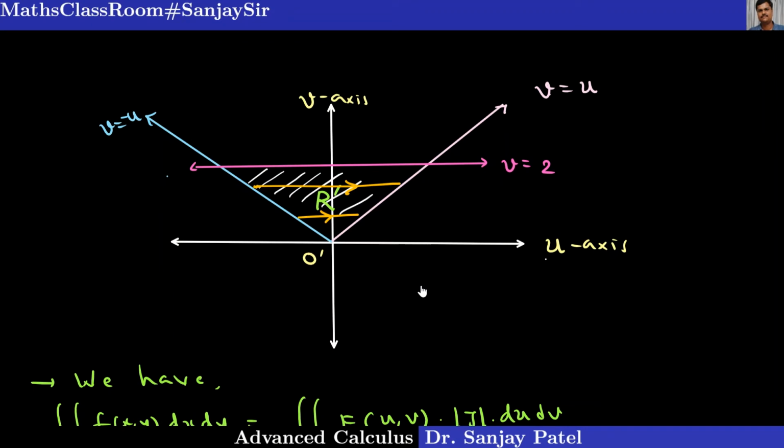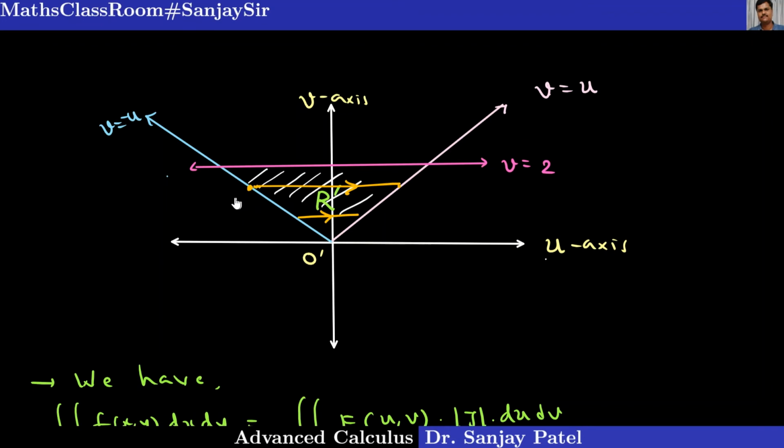So after taking an arbitrary strip, what we decide is the equations of the curves. We are integrating with respect to u first. So u will be a function of v.